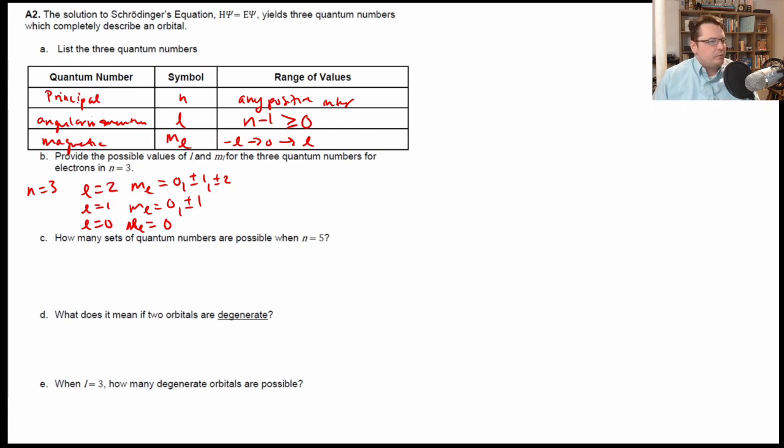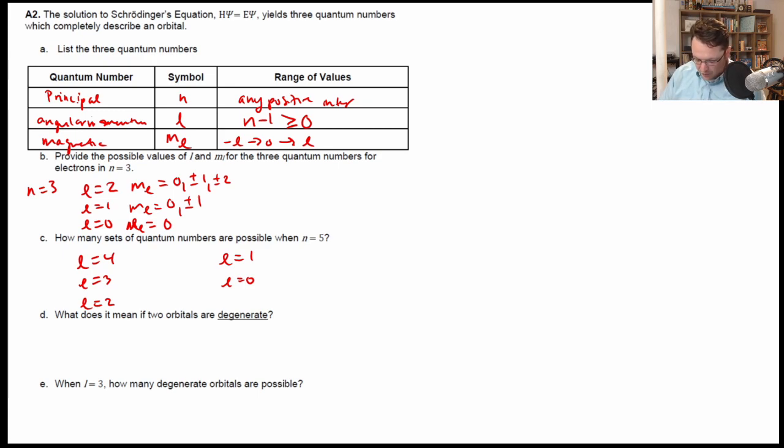How many sets of quantum numbers are possible when n is equal to 5? When n is equal to 5, you can have L equal to 4, 3, 2, 1, and 0. So you can have 5 different L values. This is the example where you're looking at g orbitals; that's what L equals 4 is for.